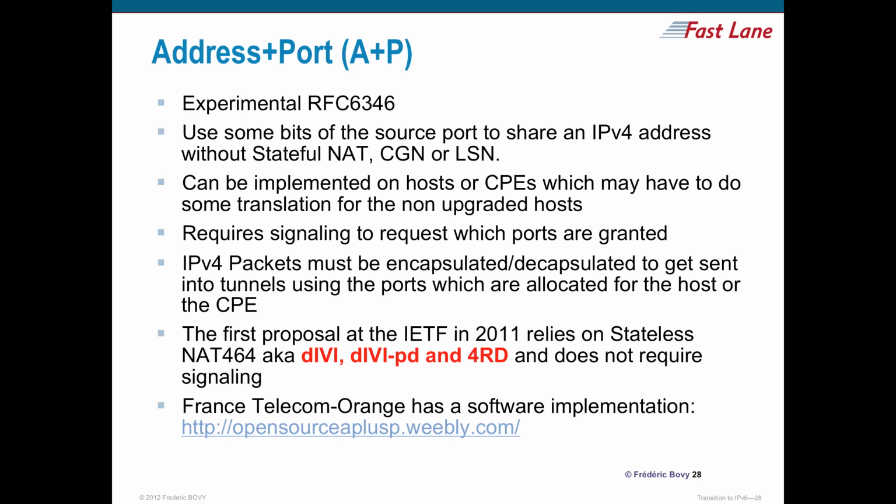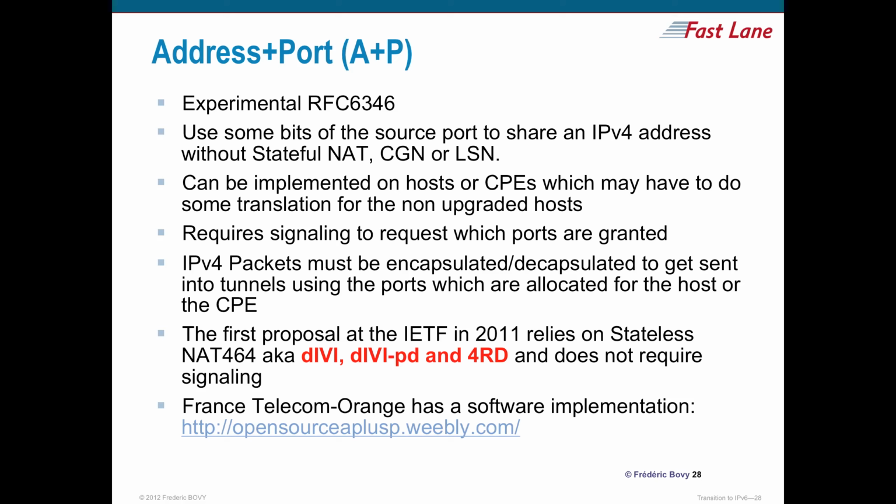Each customer will only have a range of ports for each site. So if the hosts are running A+P, it is no problem. Each host knows that it only has a given range of ports and cannot use all the possible source ports.